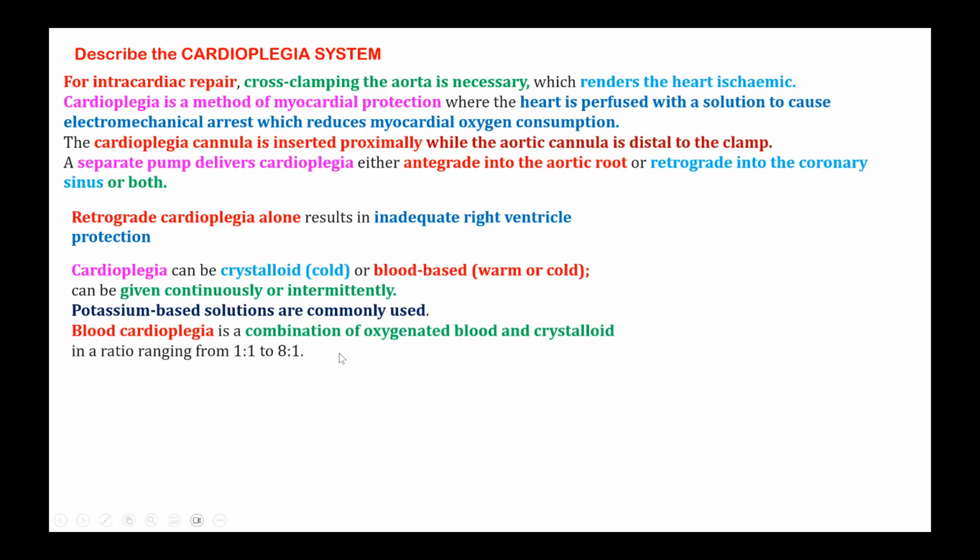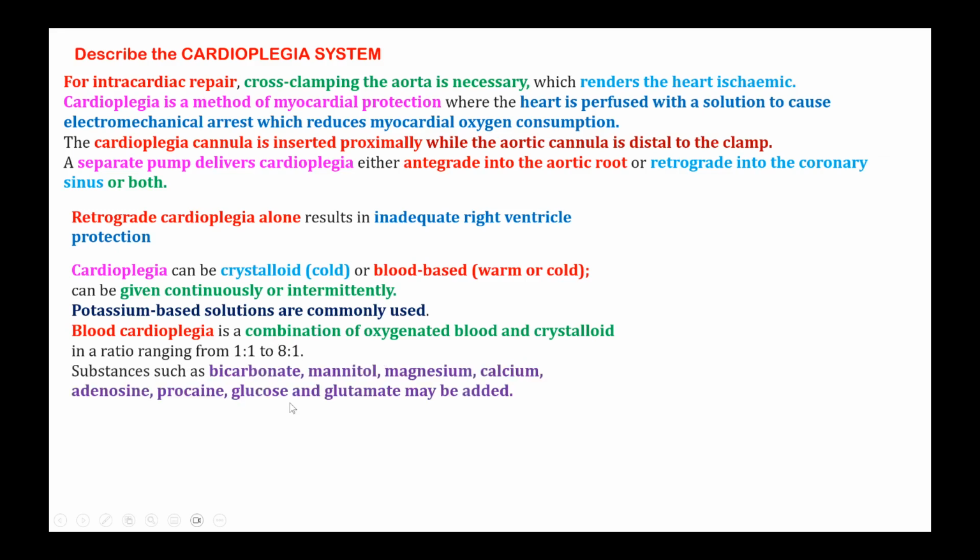And blood cardioplegia is a combination of oxygenated blood and crystalloid, which may range from 1:1 to 8:1. Mostly in pediatric cases, they use more blood cardioplegia than crystalloid cardioplegia. Other substances which may be added are bicarbonate, mannitol, magnesium, calcium, adenosine, glucose, glutamate, etc.